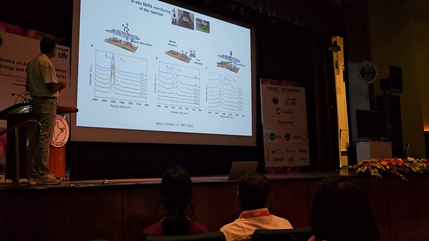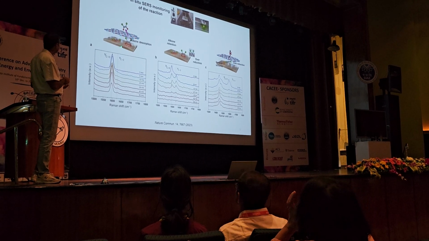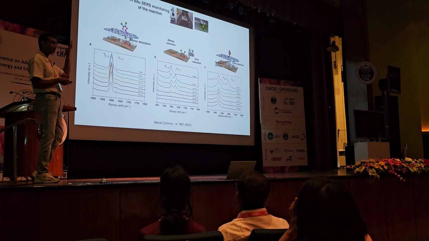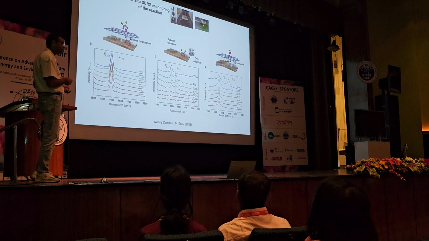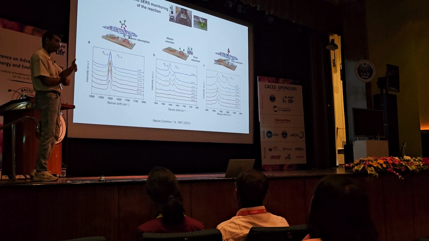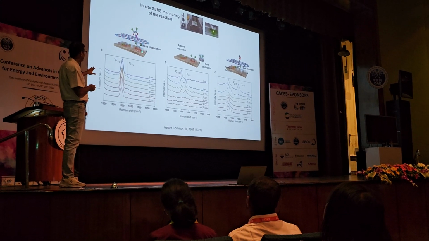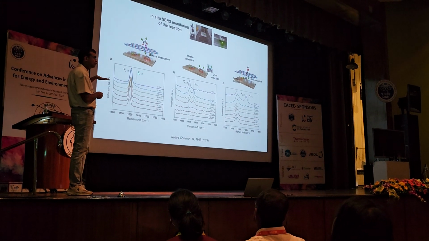Over the time course, we never see the alkene peak, which indicates that as soon as alkene is forming, it is going out of the catalyst surface. We never see it, because if it were on the surface, it would again over-hydrogenate. So it confirms that the lifetime of alkene on the catalyst surface is very, very low.